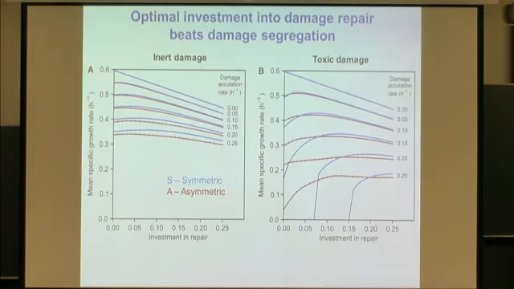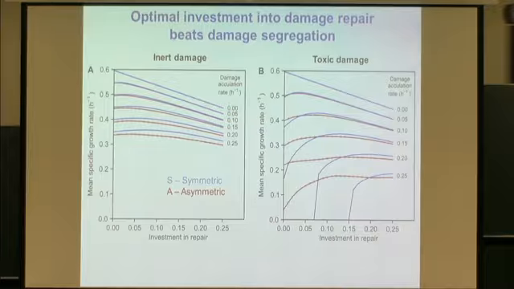And you see for toxic damage that the effects are much stronger, of course, and that you again have an optimal investment into repair machinery. At this optimal investment into repair machinery, for example here, symmetric cell division is better than the asymmetric cell division, which also has an optimum which may be somewhere else.